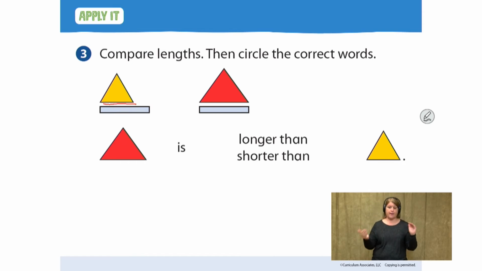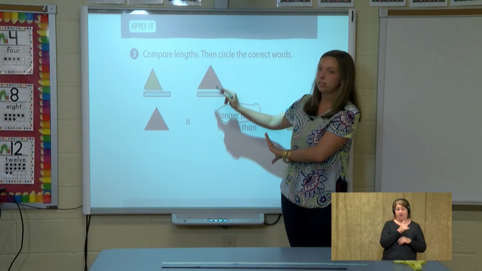Comparing the lengths, this triangle length is longer than this length. If you did longer, kiss your brain. So the red triangle is longer than the yellow triangle. If they were switched in reverse, the yellow triangle is shorter than the red.